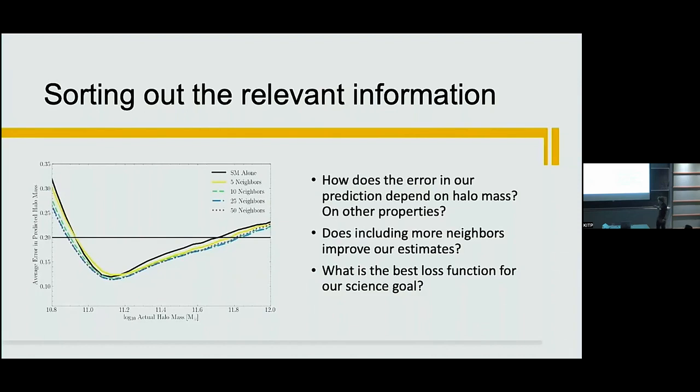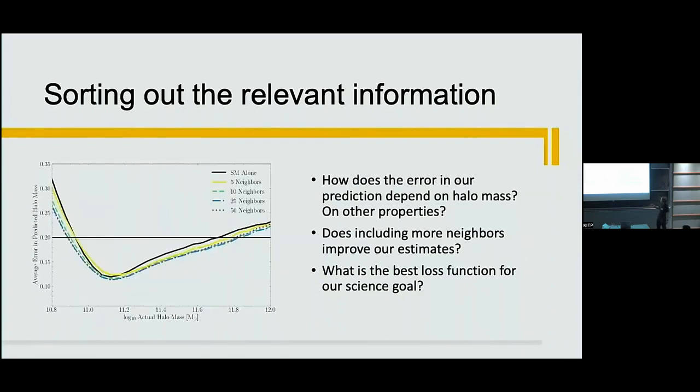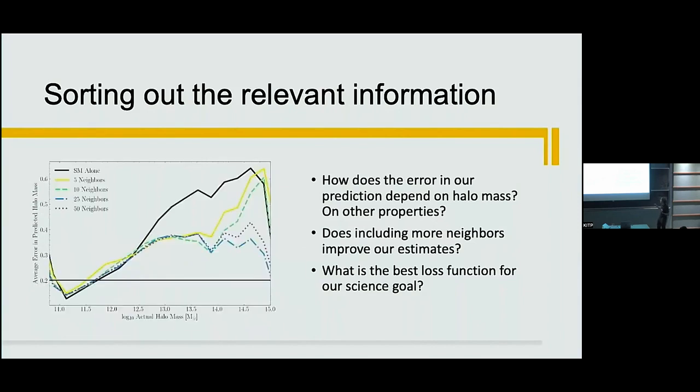There's not too much extra information being gained there. We have basically, at the bottom here, some intrinsic scatter that is introduced from our errors in observed stellar mass, that kind of thing. But if we weight the higher mass halos more, because we care about those for some reason, then we can see that including more information reduces our errors at higher halo mass.